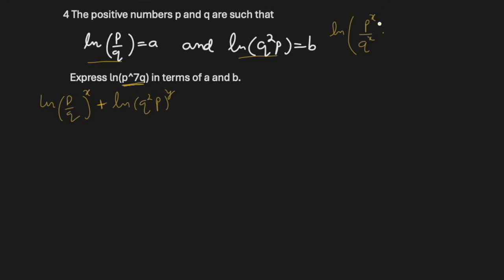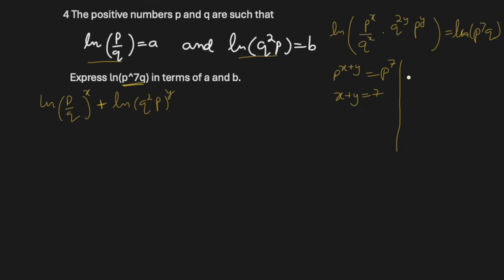This will be equal to natural log of p to the power 7 q, which is our target from here. Okay, so let's collect p now because both are natural logs, so we will compare the inner things. So p to the power x minus y equal to p to the power 7. That gives us x minus y equal to 7.